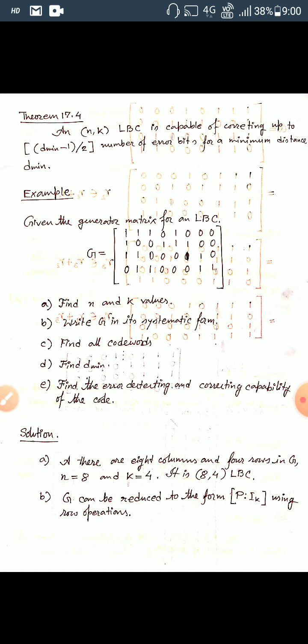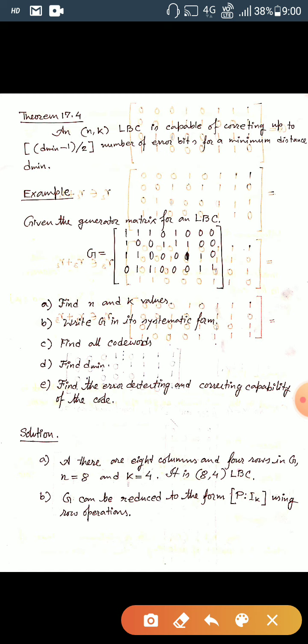By using an example, I think it will be easy to understand. The question is given that a generator matrix for an LBC is given as such. G is defined as the generator matrix. From here, initially we have to find the value of n and k. N is defined as the code word length.